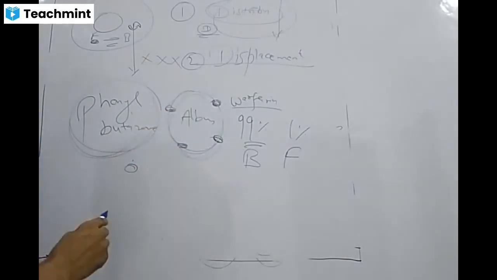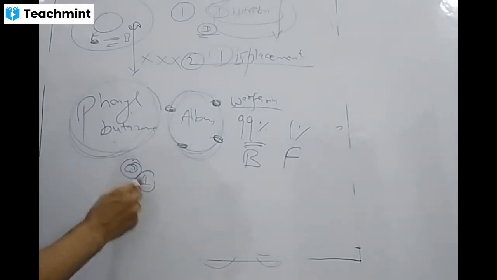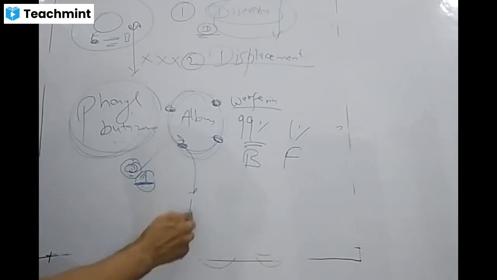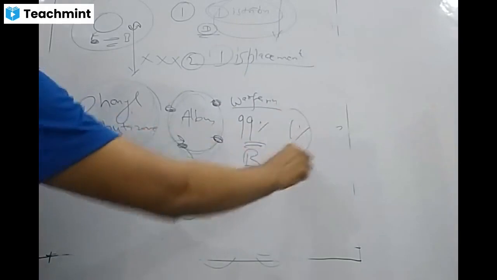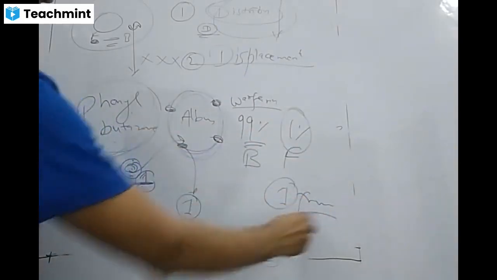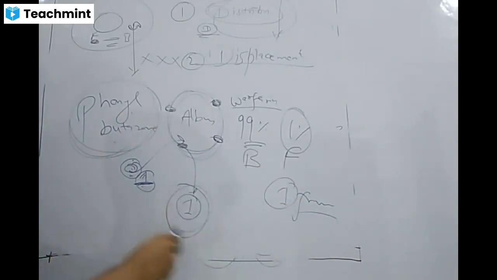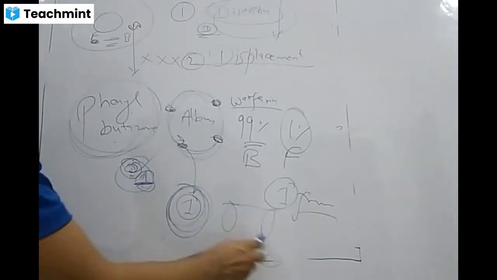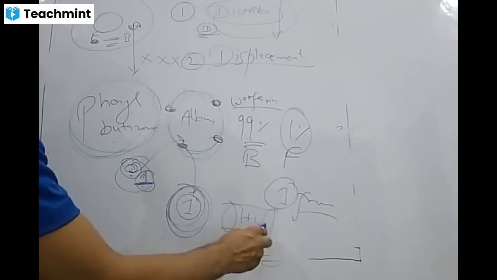Suppose one molecule of this wins the competition, then it will displace one molecule of warfarin. Initially one molecule was free and producing its action. Now one more molecule is free because of phenylbutazone. So in the circulation there are a total of 1 plus 1, 2.